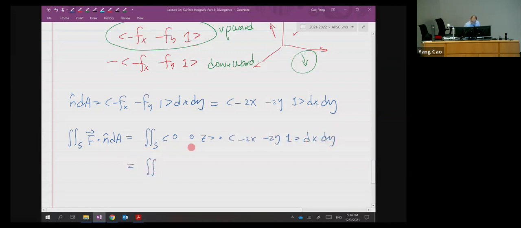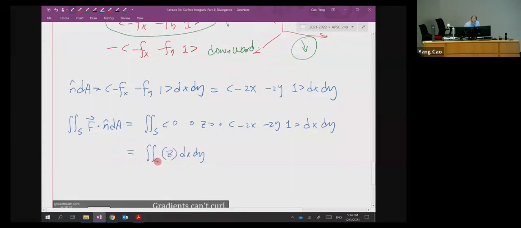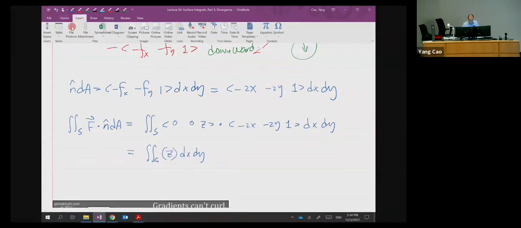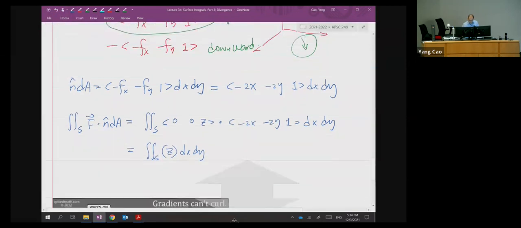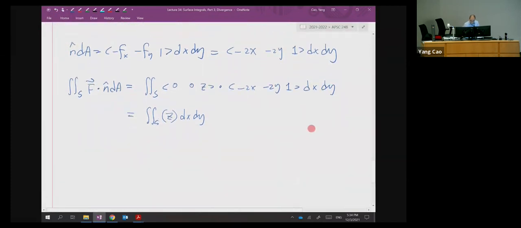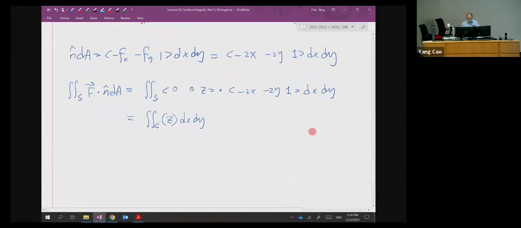Altogether, you get 0, 0, cancel the first two terms, and you get just z dx dy over the surface here. So this is a perfect example: you've got a mixture of x, y, and z, and you have to get rid of the z. So what do you do? You replace the z with the actual surface, which is x squared plus y squared.